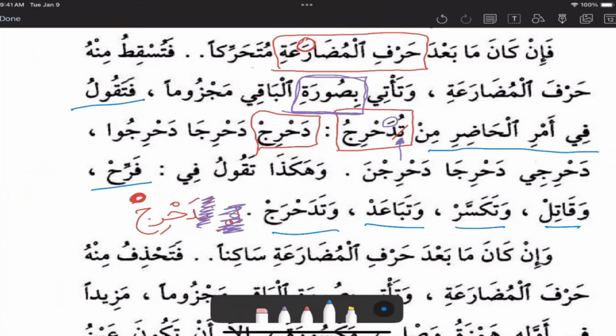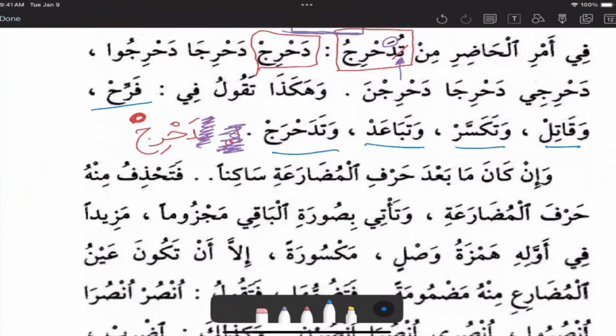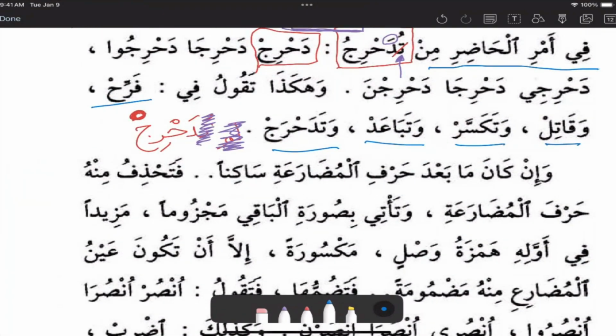You would say دحرج أنت. دحرجا أنتما. دحرجوا أنتم. دحرجي أنت. دحرجا أنتما. دحرجنا أنتن. وهكذا تقول في فرح. And that's the way you would say it for فرح. So you say فرح, فرحا, فرحوا, فرحي, فرحا, فرحنا.